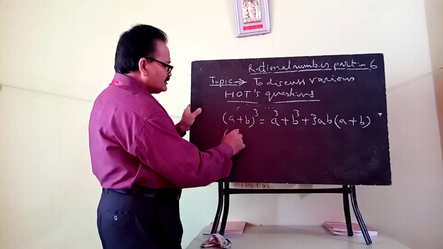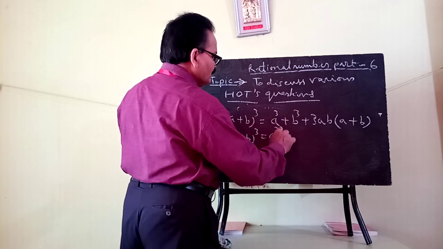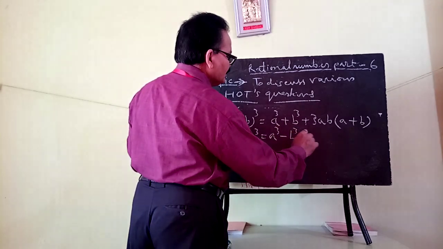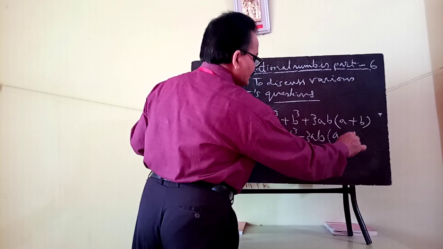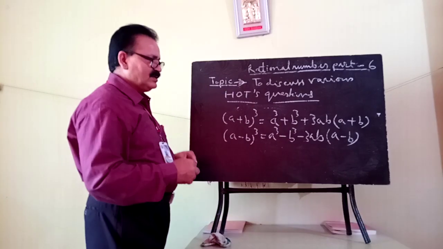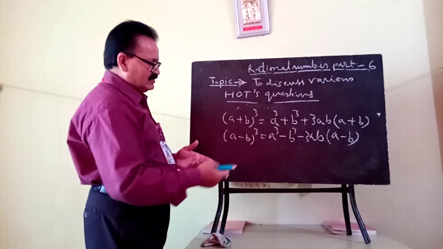Similarly for minus, a minus b whole cube equals a cube minus b cube minus 3ab into a minus b. Okay, these are the formulas that you will use.